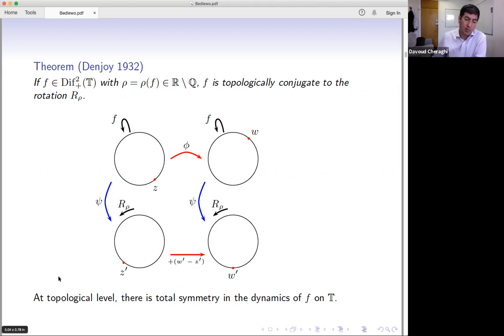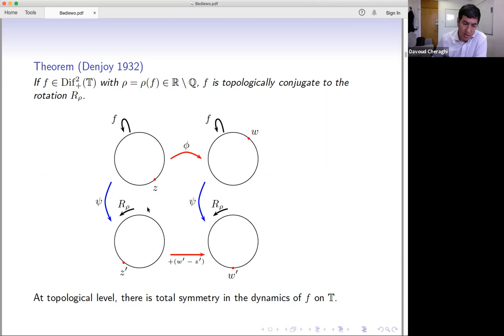So at the topological level, there's a total symmetry of the dynamics of f on T. This is embedded into the proof: as long as you know the rotation number, the orbit of z combinatorially does the same thing as the orbit of any other point.